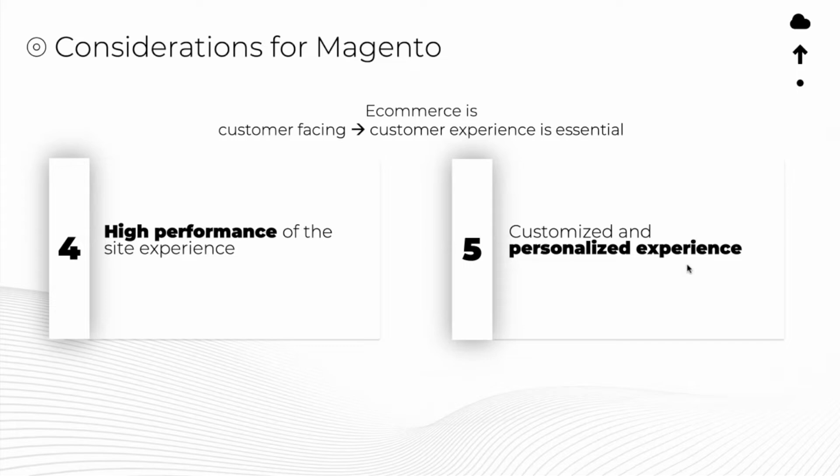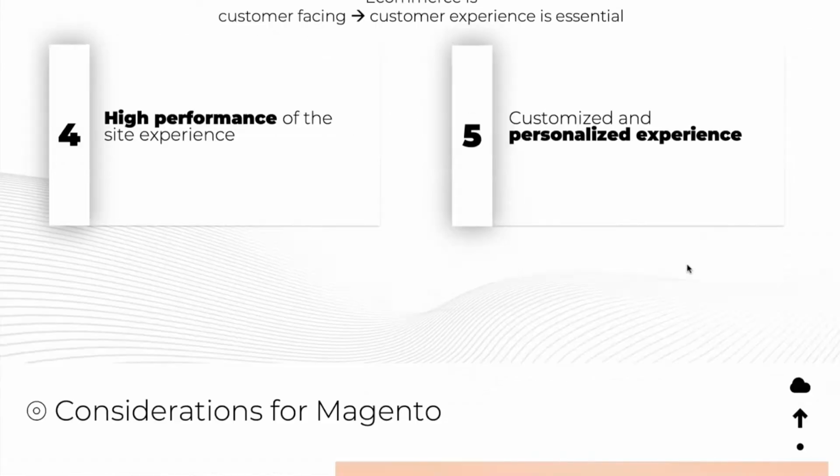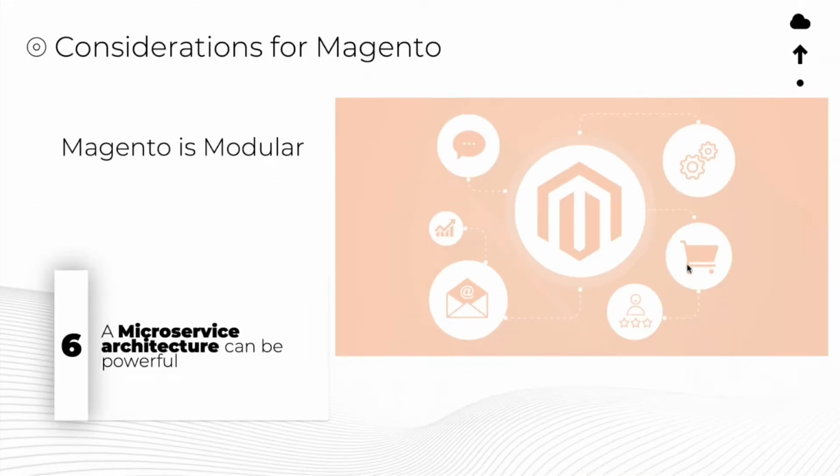We always need to have a customized experience for the customer based on their behavior and their interests. That's why customization, personalization, and high performance are among the main considerations for setting up a Magento platform. The Magento platform is very modular.